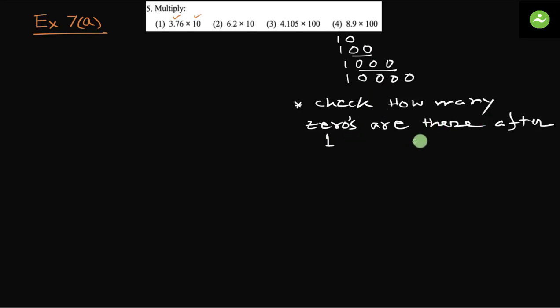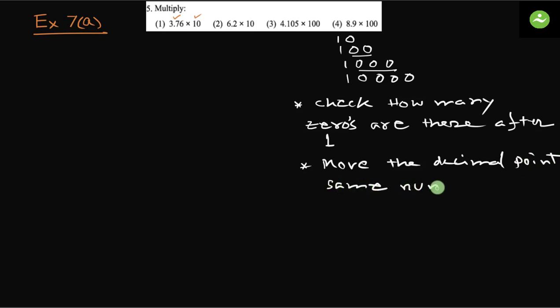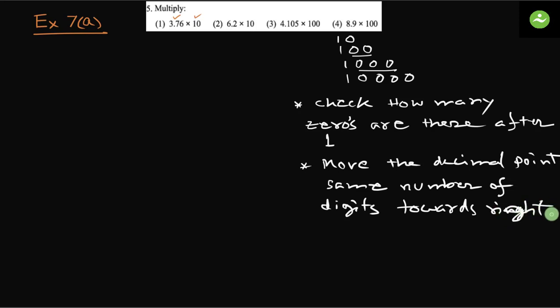So check how many zeros are there after 1. Move the decimal point the same number of digits towards right. Not left.